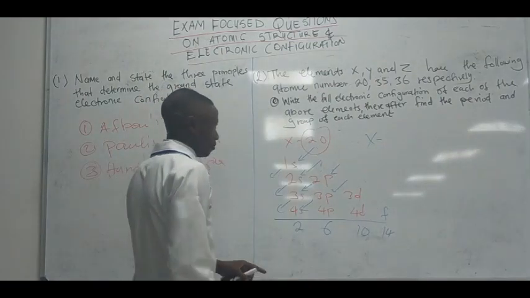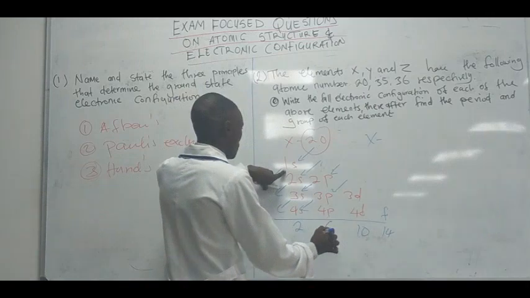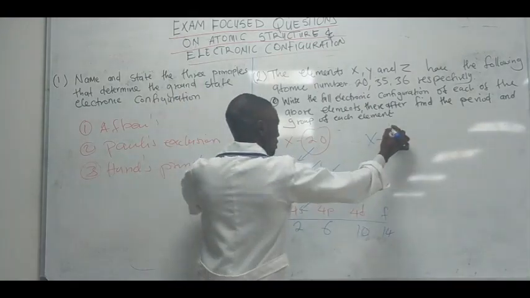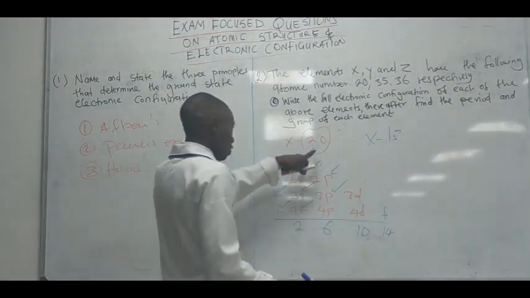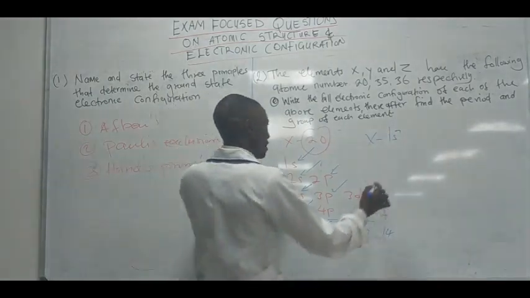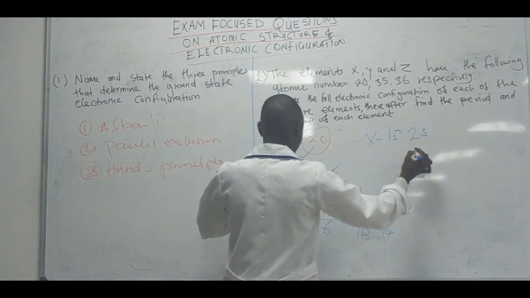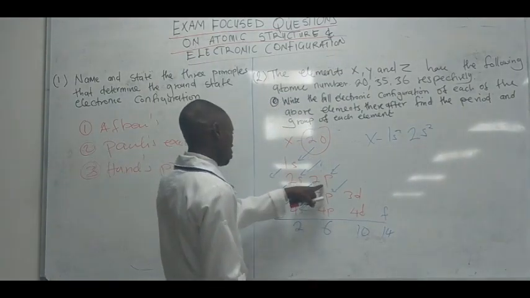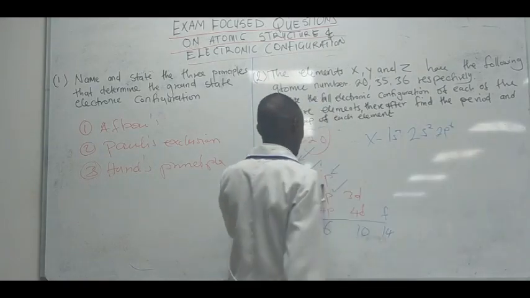So we'll start from 1s, and we said it's 2. So we should hit this 20 in order. Okay, so we have 2s2. From there, according to the arrow, we're going to go to p. 2p6.